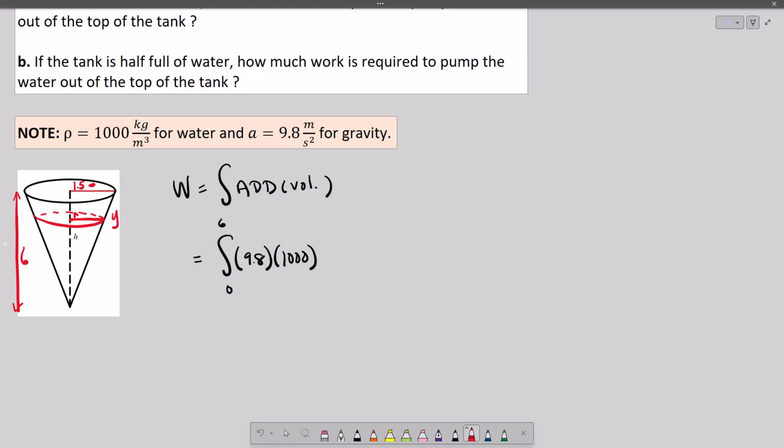So that y is measuring from the ground up to there. The full distance is 6. So what is the distance traveled by our cross-section? We're going to agree, 6 minus y. If the full distance is 6, and this distance is y, that complementary distance is going to be 6 minus y. It's the upper minus the lower. So upper y is 6, lower y is y, 6 minus y. So that is going to be our second D, 6 minus y.